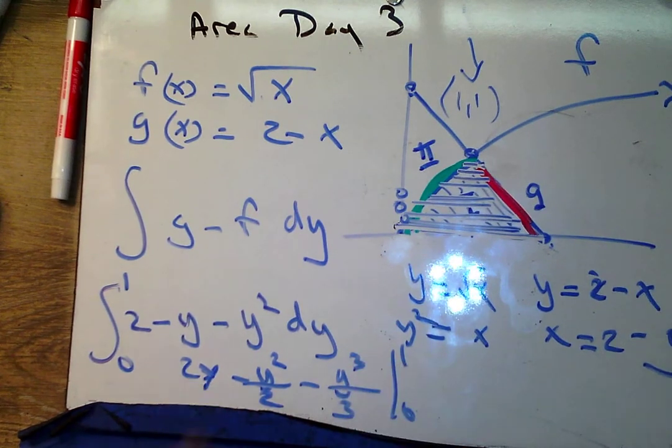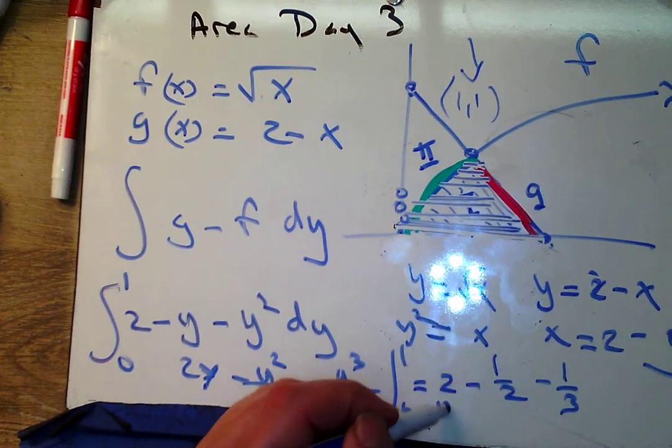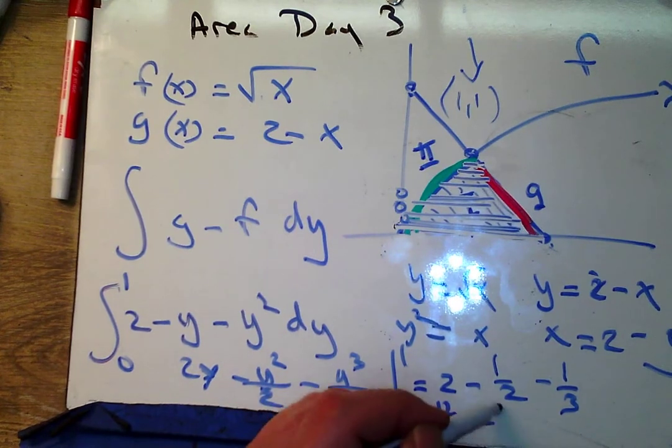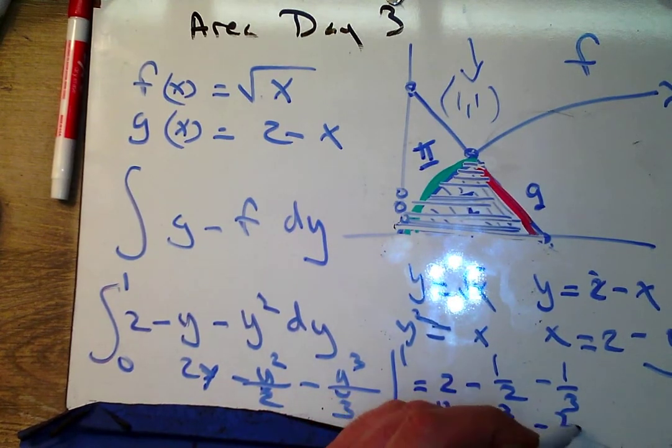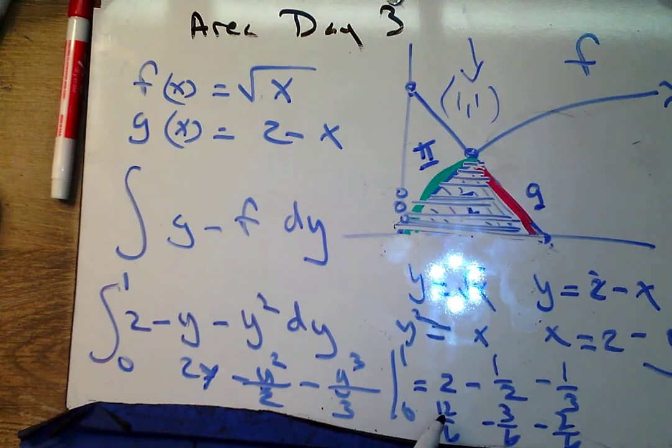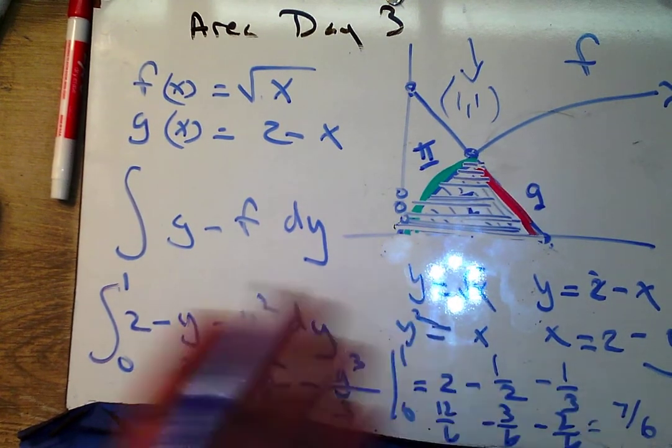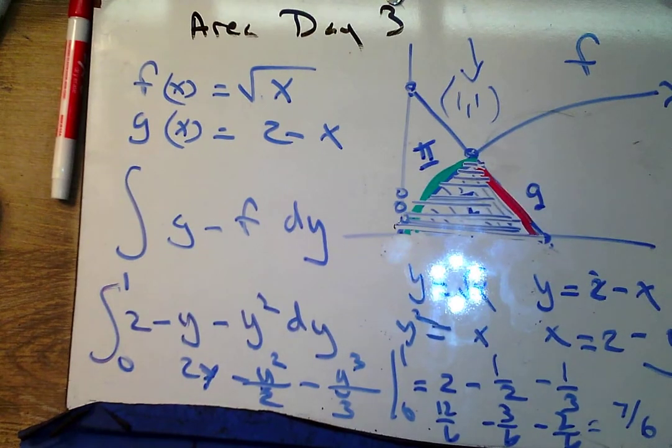And when I plug a 1 in there, I'm getting 2 minus a half minus a third. All right, so that's 12/6 minus 3/6 minus 2/6. 12 minus 5 is 7/6. See, I could do it either way. I will say that a more complicated top minus bottom is always going to be an easier right minus left.